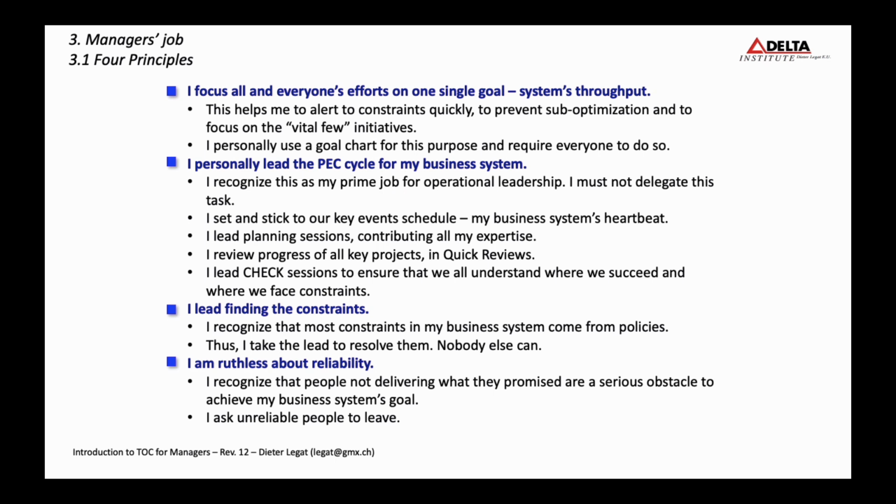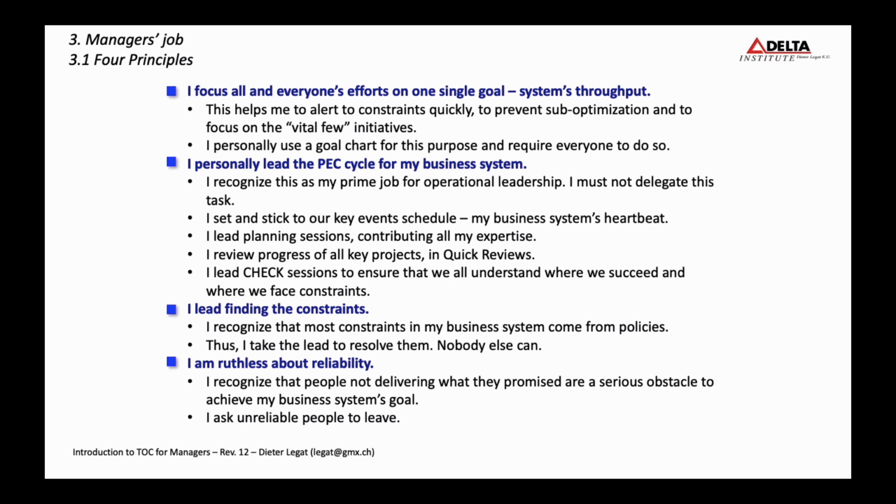Point number 3, I lead finding the constraints. If we have a serious constraint, I take the lead. In stormy weather, the captain's place is on the bridge, not somewhere else. I recognize that most constraints in my business system come from policies. That's a fact. And thus, I need to take the lead to resolve them.